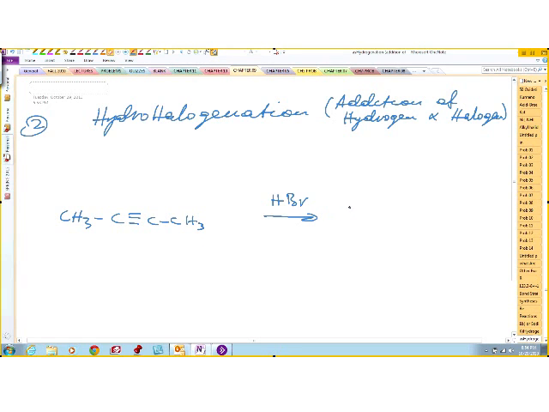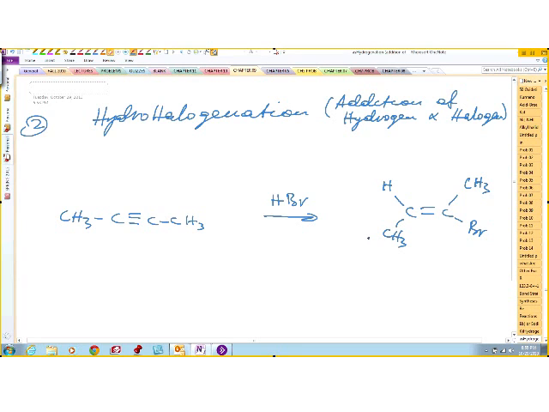What are you going to do? We are going to add hydrogen and bromine across the carbon-carbon triple bond.